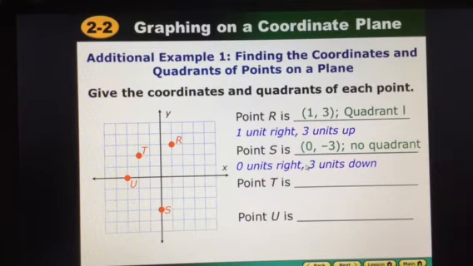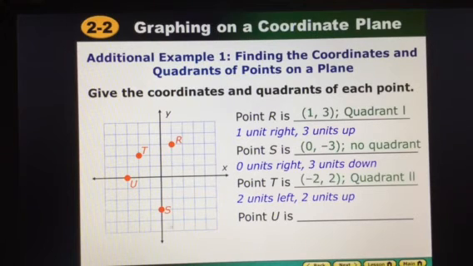And it is no quadrant, it lies on the y-axis. Point T has an x-coordinate of negative 2 and a y-coordinate of positive 2. It's in the second quadrant. And point U is not in a quadrant either. Its x-coordinate is negative 3 and its y-coordinate, it doesn't move, so it's 0.